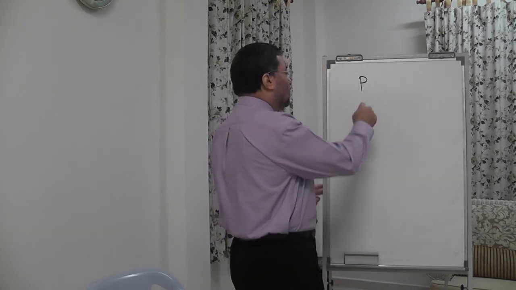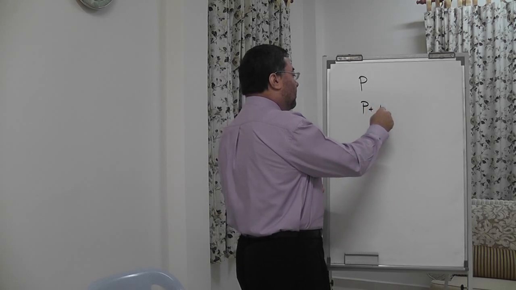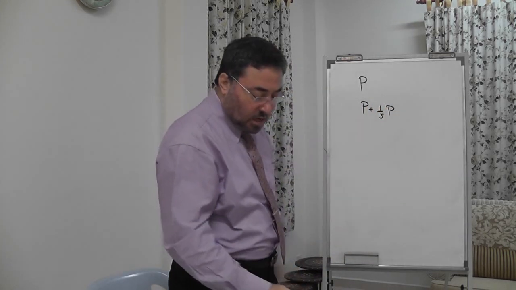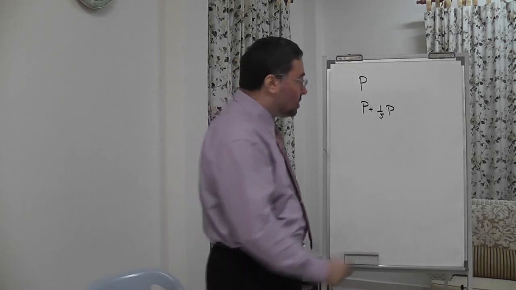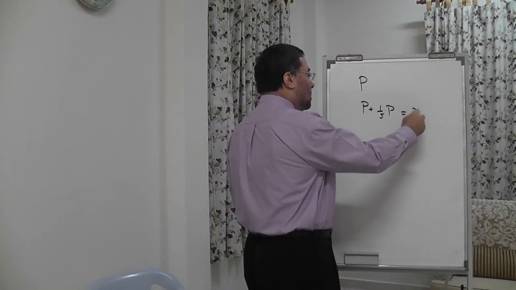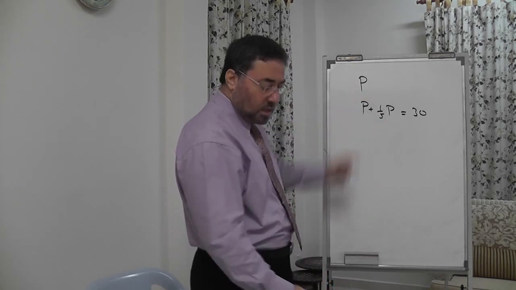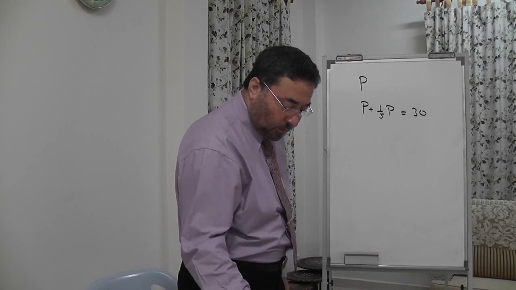And then this year it increased by 1/5. So P plus 1/5 P is the price of the stamp this year. This price we already know is 30 cents. So that's equal to 30. And now we solve for P, which is the price last year.